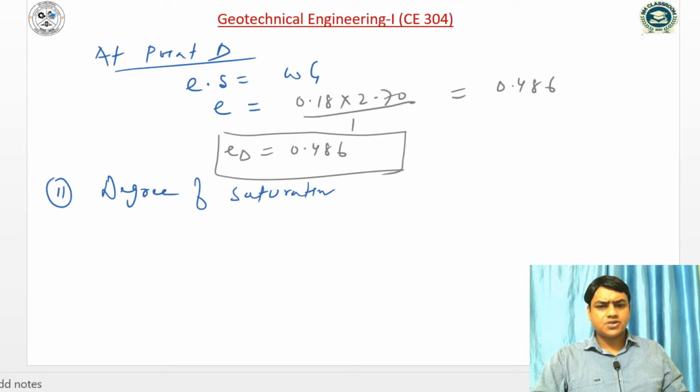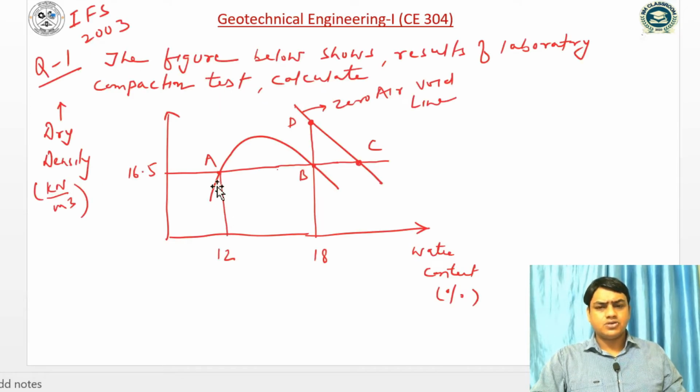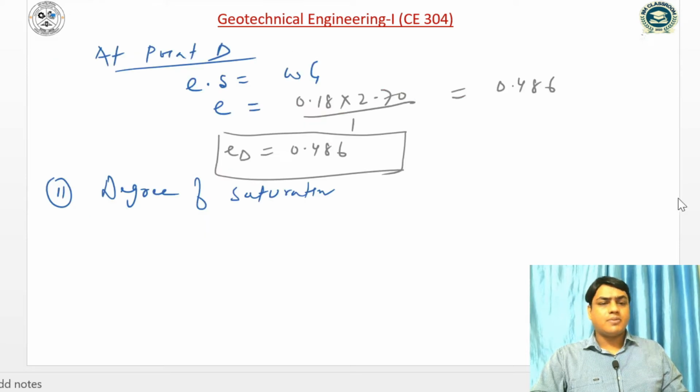We have to find it at point A, B, C and D. We already know the water content at points A and B, and we have already computed the void ratio at points A and B. So by the formula eS is equal to wG, we can compute the degree of saturation.